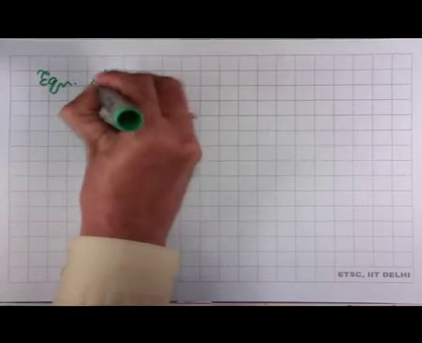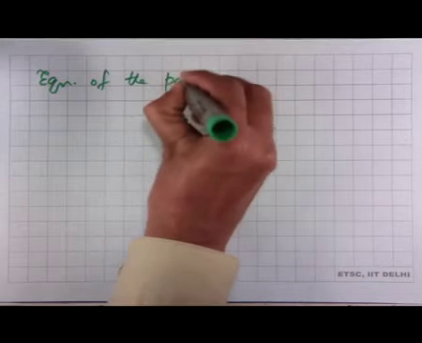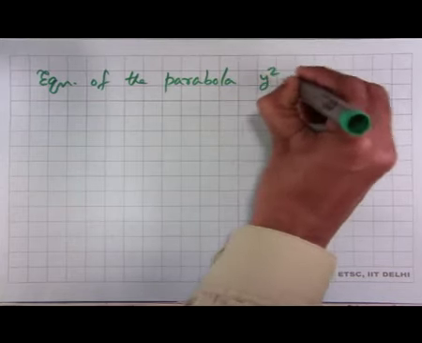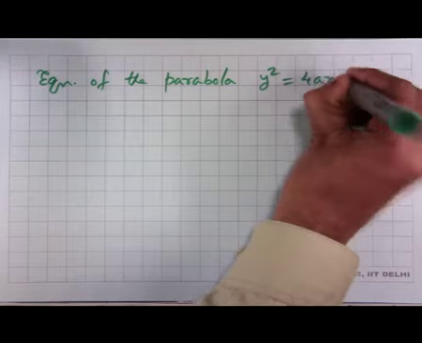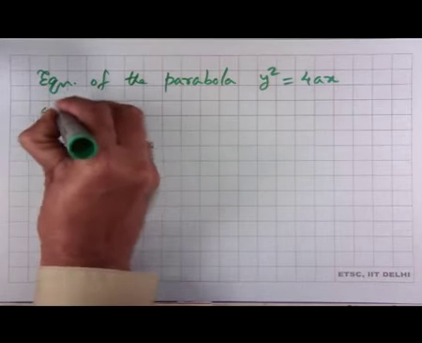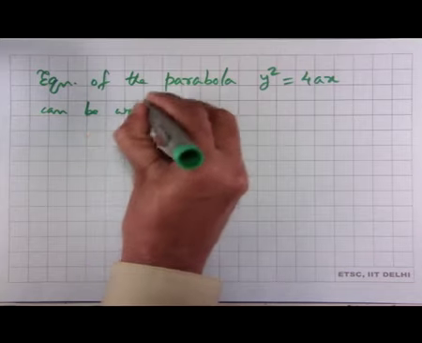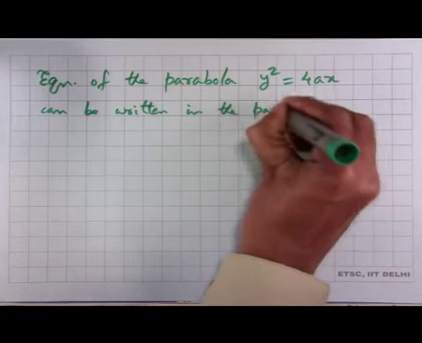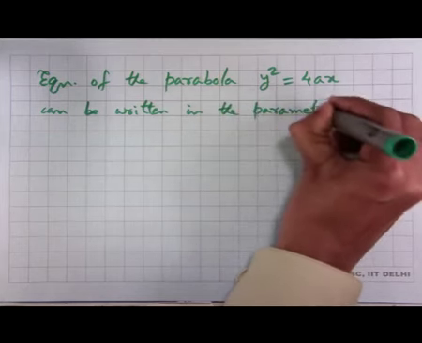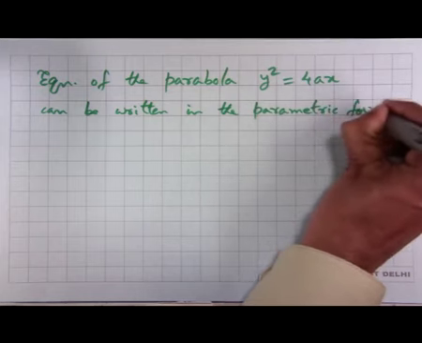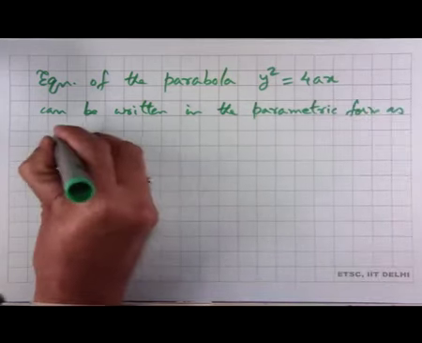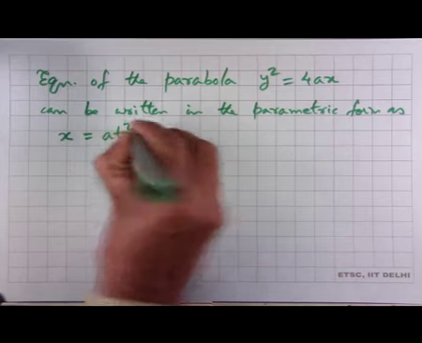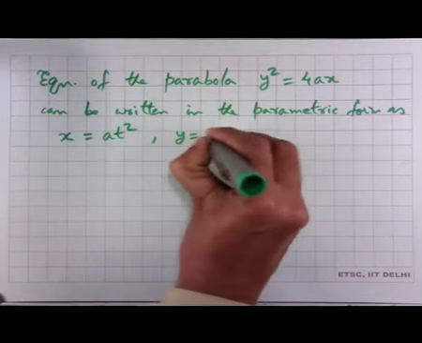So, for example, let us look at the equation of the parabola y square equal to 4ax. It can be written in the parametric form as x is equal to at square and y is equal to 2at.